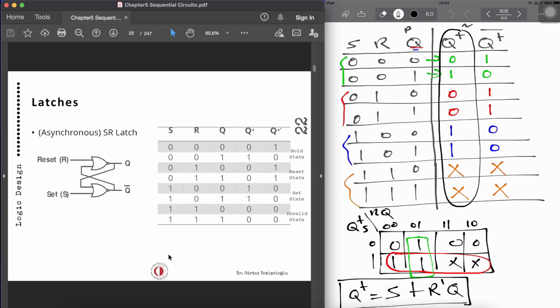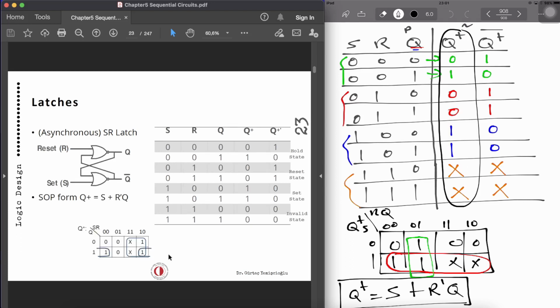So the same things are derived over here. When we plot onto the K-map, we get S or R prime Q. No matter what way you do the inputs for the K-map, you're still going to get the same output.